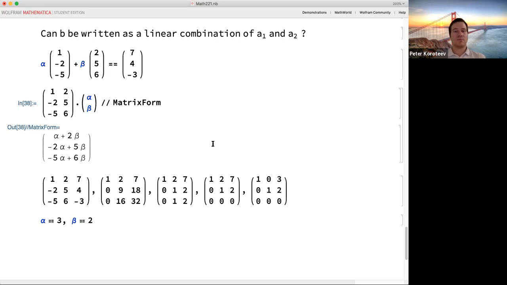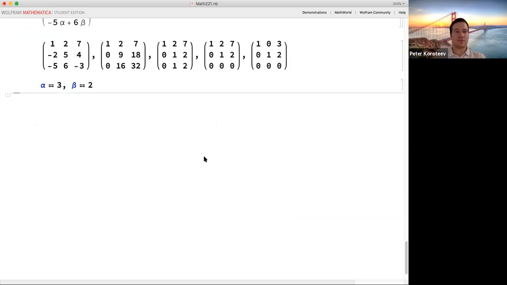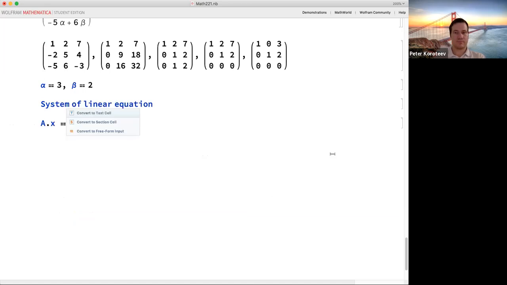So from the point of view of linear combinations, we can say that if A is a matrix, then A times X is equal to B, right? So this system of linear equations has a solution.